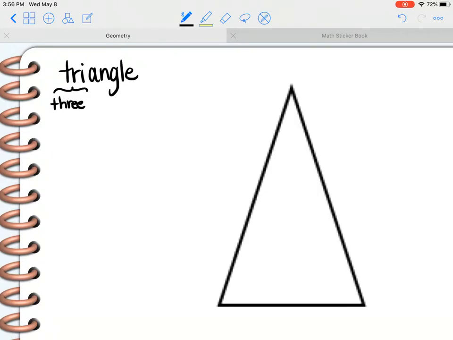It has three sides, three angles, and it always, without exception, adds up to 180 degrees. So any triangle adds up to 180. If it doesn't, it's not a triangle. By definition, it is not a triangle.